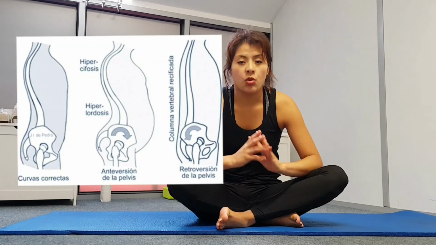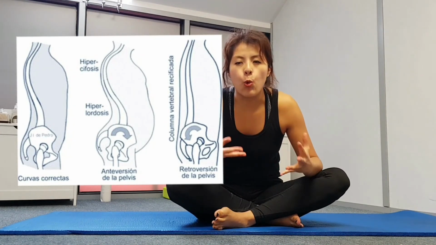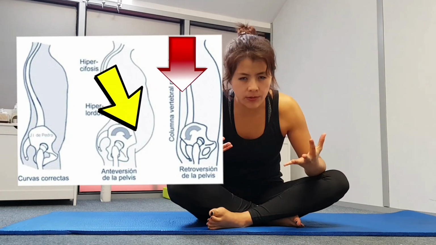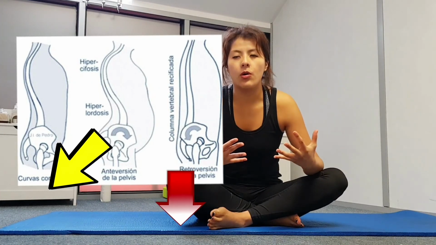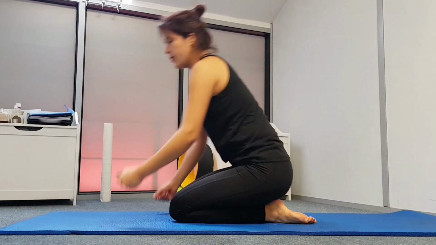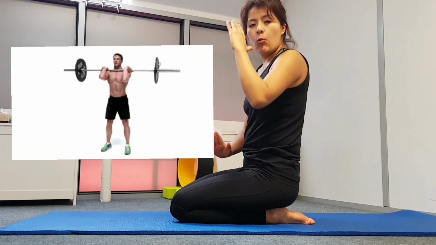The rectification of the spine is even worse because there is no uniform distribution of the loads. For example, if you have a rectification of your spine and you are doing squats, the weight will go straight to your lumbar area.